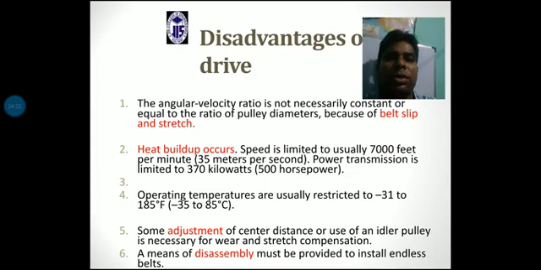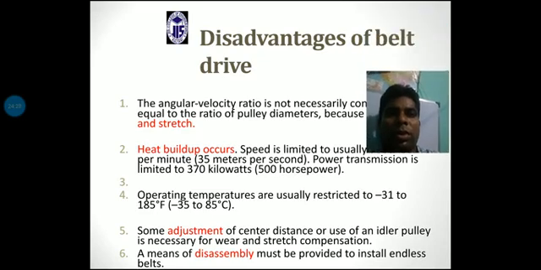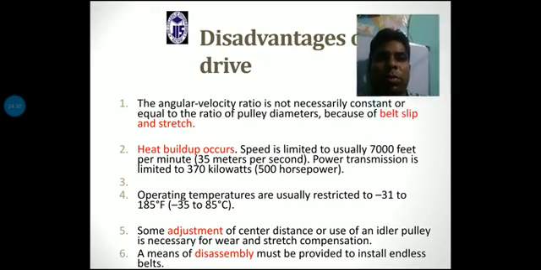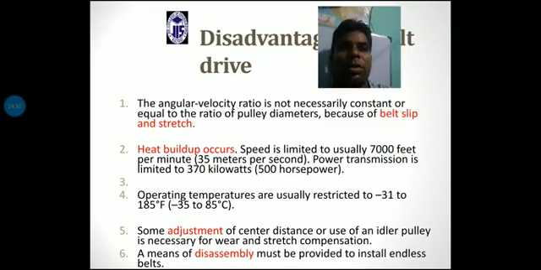Next, disadvantages of belt drive. Disadvantage means in any power transmission system or power driving system, advantages and disadvantages both are there.